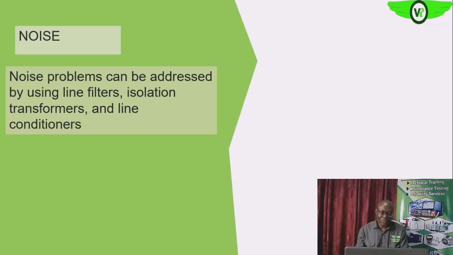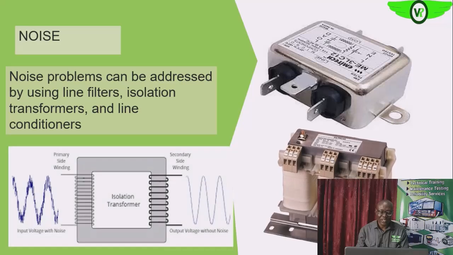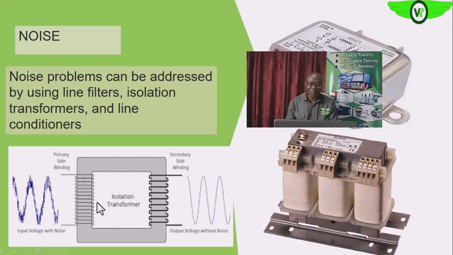So noise too can be protected against. That is, the problem of noise within the system can be solved by the use of line filters. Even the problem of harmonics can be solved with the use of isolation transformers. Are we getting it? Since they are electrically isolated, they are only magnetically coupled.